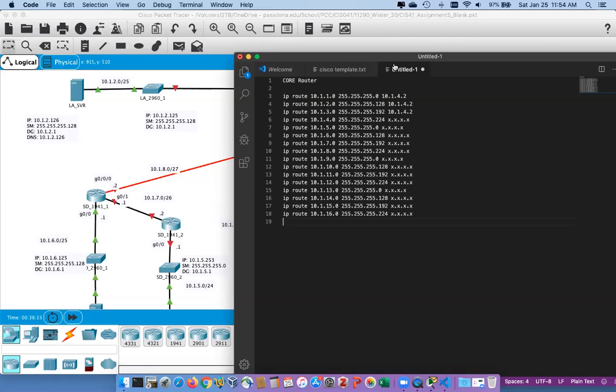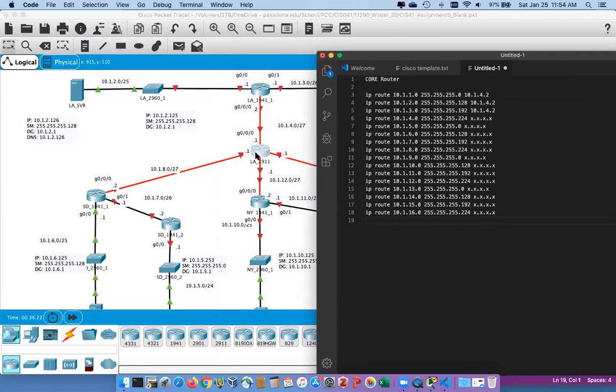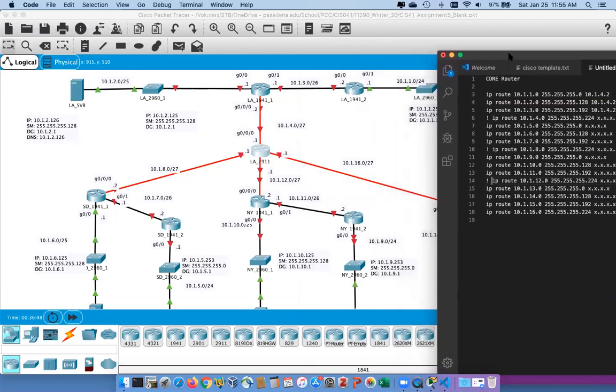And same strategy like last week. Anything that is directly connected to this 2911 router, we're going to ignore it. So 10.1.4, we are not concerned with 10.1.4. We are not concerned with 10.1.8. We are not concerned with 10.1.12 because it's already directly connected. We are not concerned with 10.1.16.